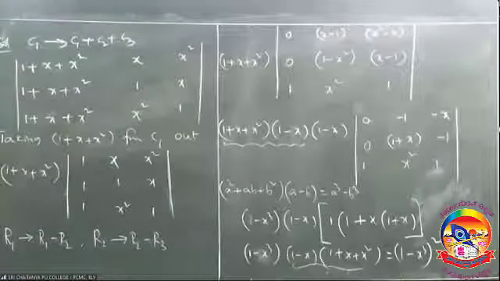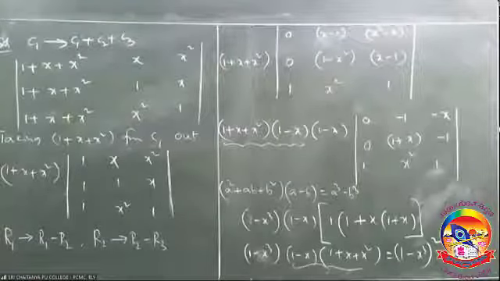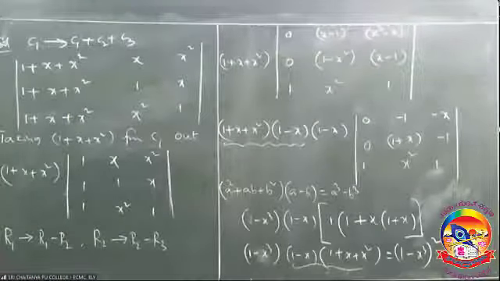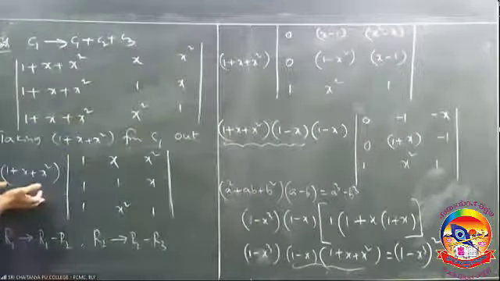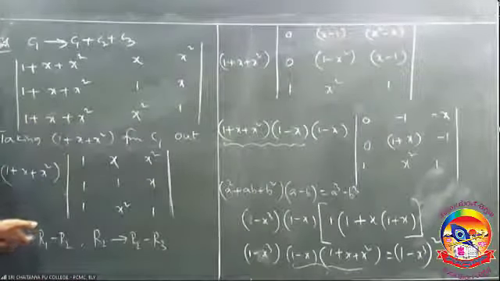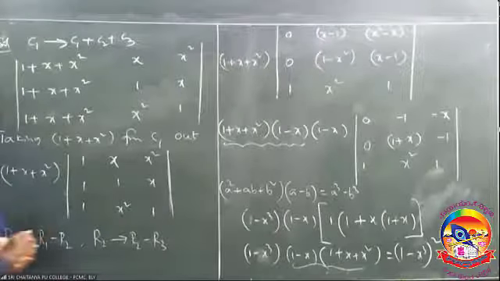Now, the third step I am repeating, observe, that is R1 changes to R1 minus R2. That means I am going to get 1 minus 1 value is 0, okay? And R2 changes to R2 minus R3. That is also 0, observe here. This is the step, okay? It is over. Now this one, R1 changes to R1 minus R2.